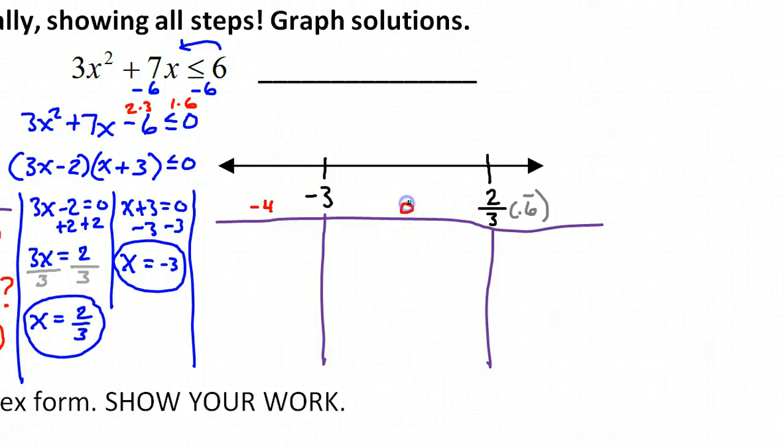And in this zone, I will just use 1, because 1 is bigger than 2/3, which is like 0.6. I could have used 2 or 3 or 4 or 5. You could use anything you want as long as you have one value in each of these zones.